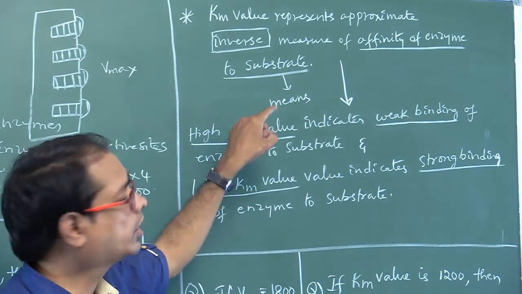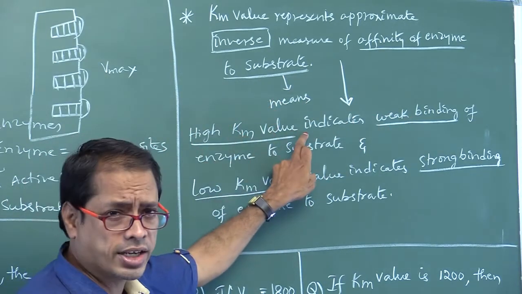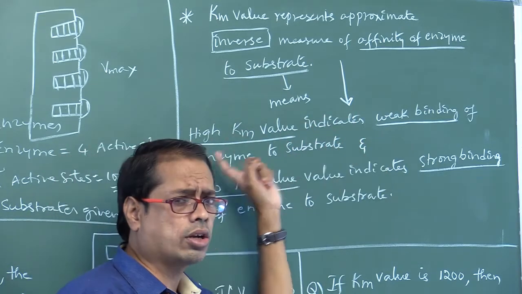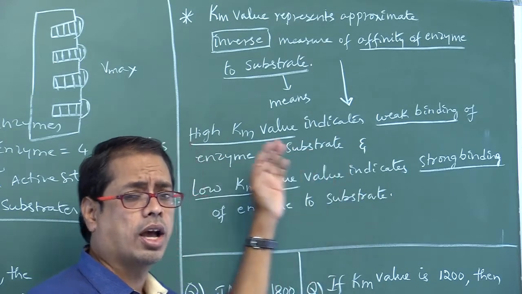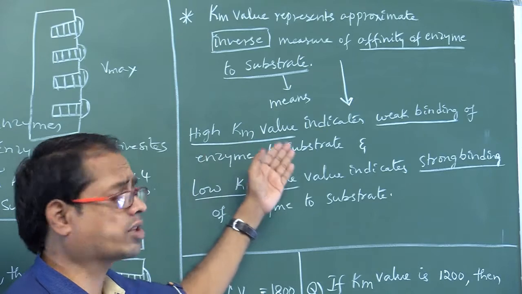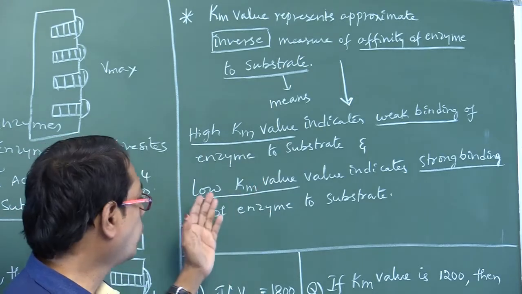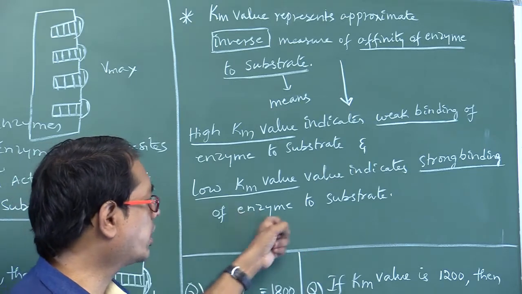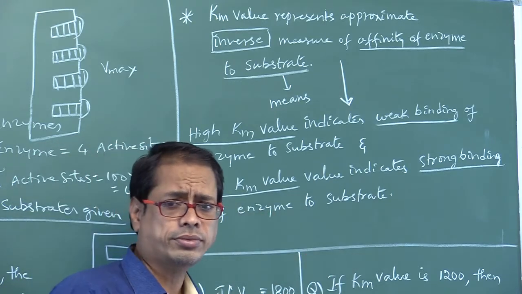High Km value indicates weak binding of the enzyme to the given substrate, or low Km value indicates strong binding of the enzyme to the given substrate.